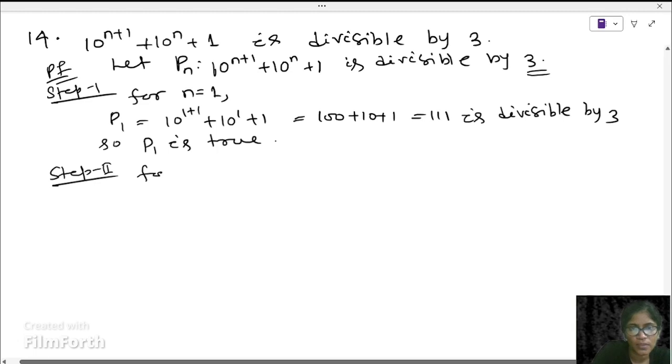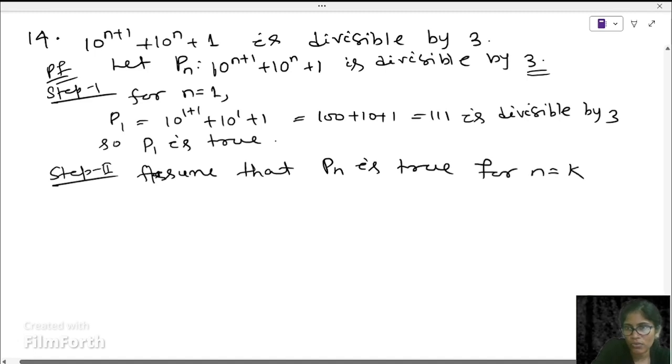For step 2, assume that Pn is true for n equal to k. Okay. That means 10 to the power k plus 1 plus 10 to the power k plus 1 is divisible by 3.